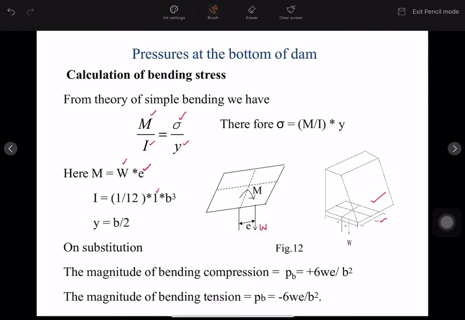So D is 1 and B cube by 12, and Y will be B by 2. So after substitution of these values, we'll get the result once we solve this.